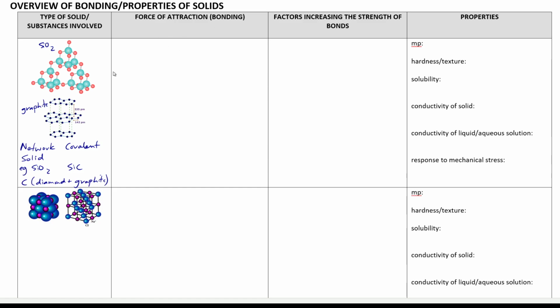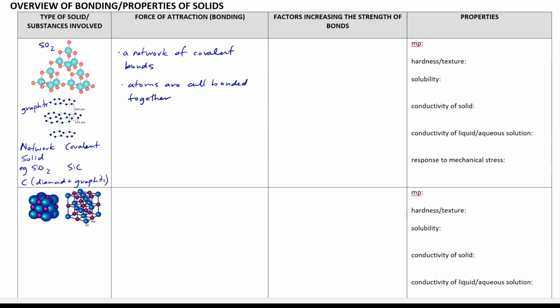So the force of attraction, the bonding that holds all these atoms together in this crystalline structure is, as we said, a network of covalent bonds, which are extremely strong. And so the atoms are all bonded together, right?